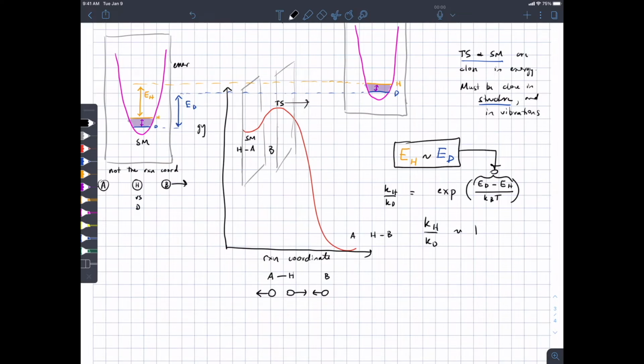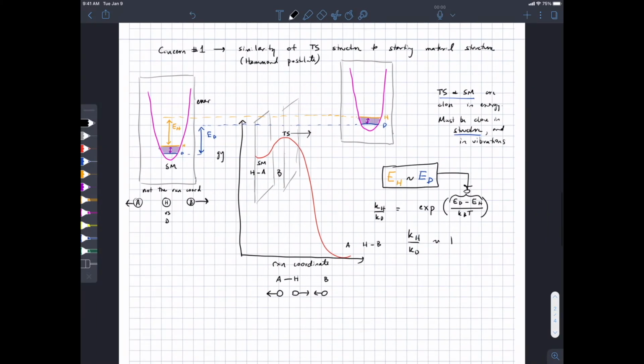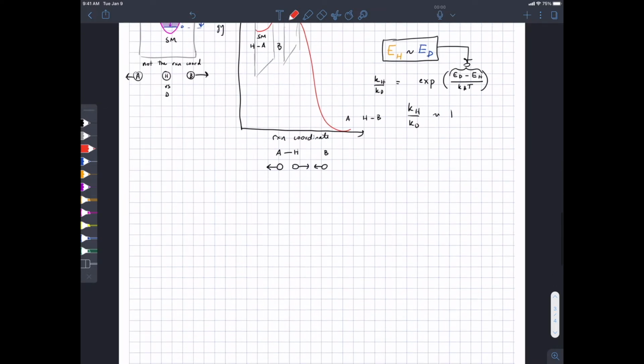And there's other scenarios you can imagine. If the reaction were very endothermic, and if the transition state instead resembled the product, but the bond strength and vibration in the product were pretty similar to the starting material, we might also expect to not see a very good kinetic isotope effect. I could draw that for you, but it would be just another situation with starting material, transition state, and product.